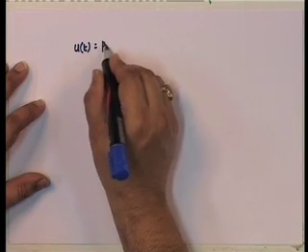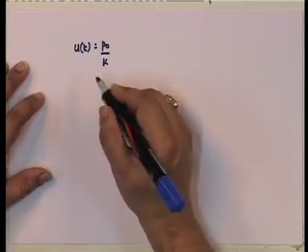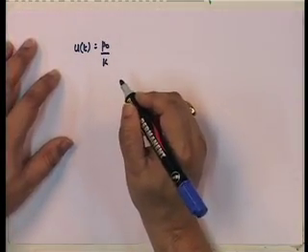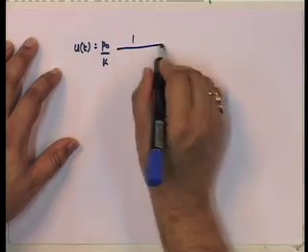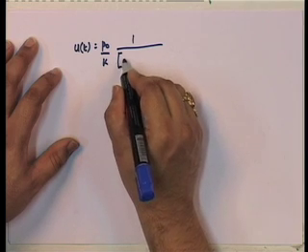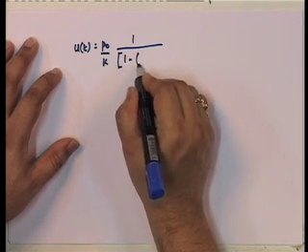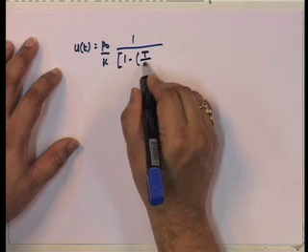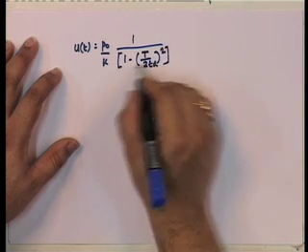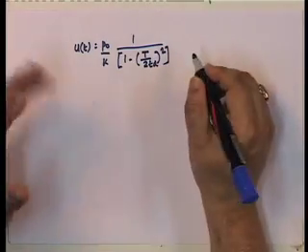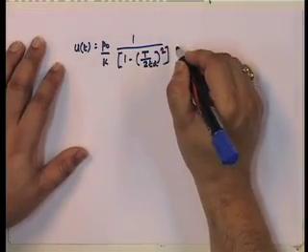So u of t is equal to P naught upon k into 1 upon 1 minus beta squared. We have already solved this, so I am not going to solve it again.